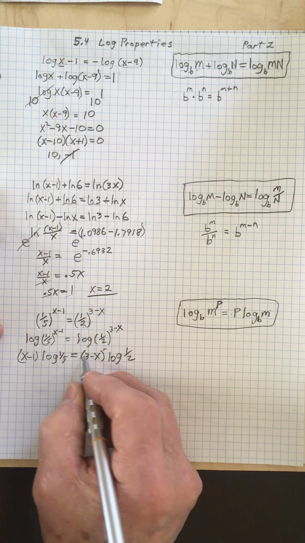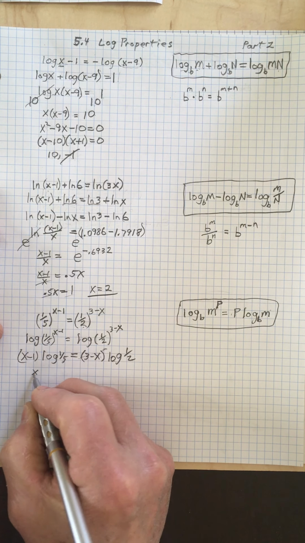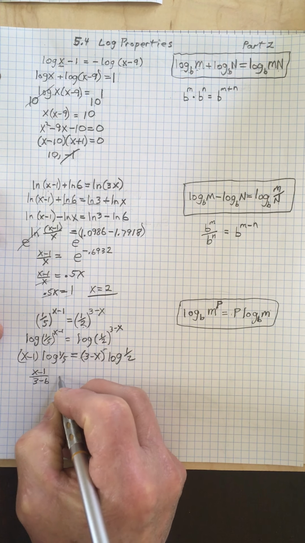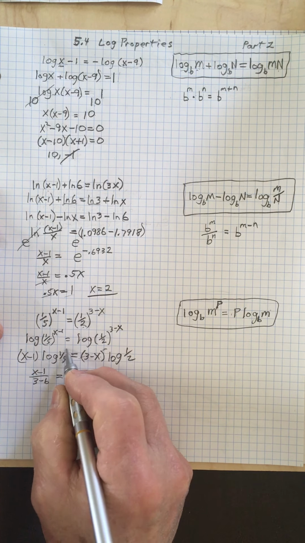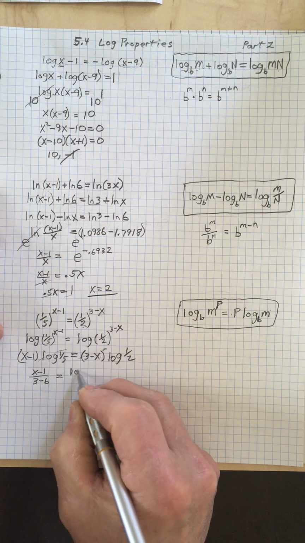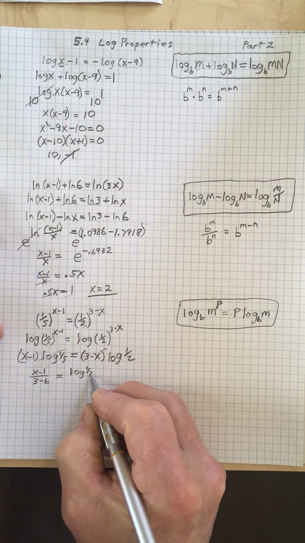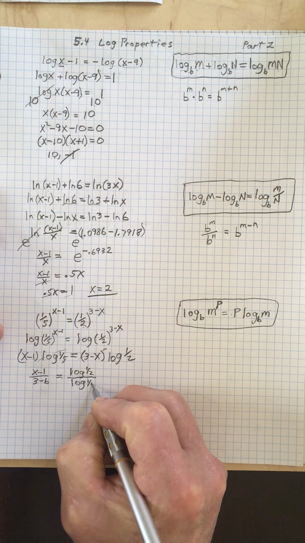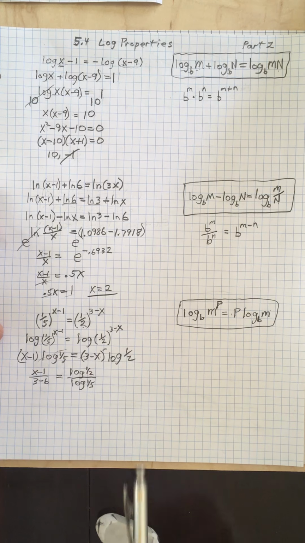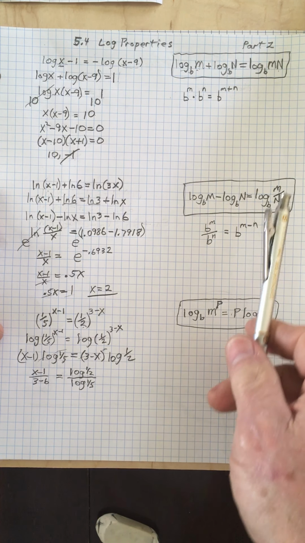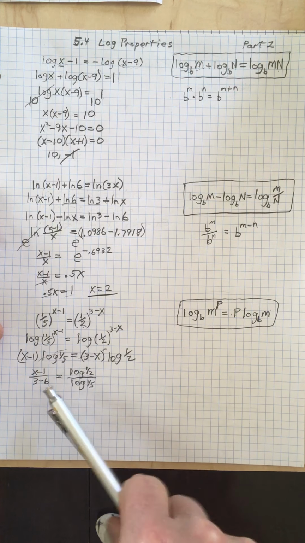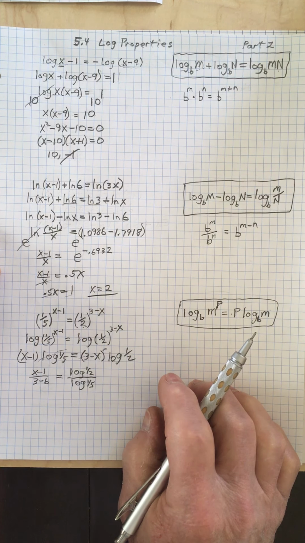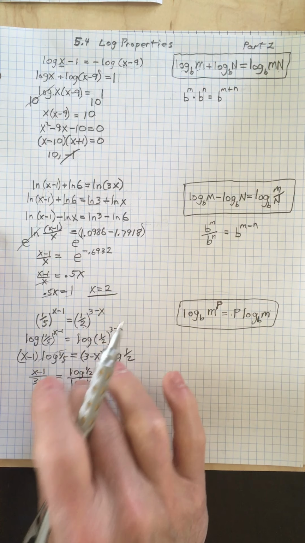So we're going to divide this over here. And then I'll divide both sides by this one. Okay, I could even actually use this rule and combine these into a subtraction kind of thing, but I don't need to do that in this case.